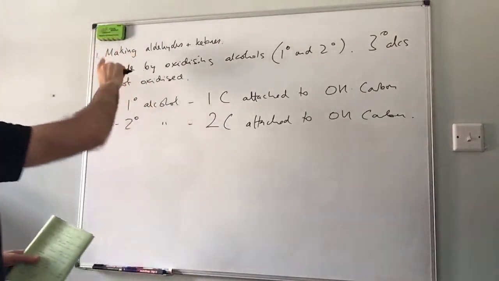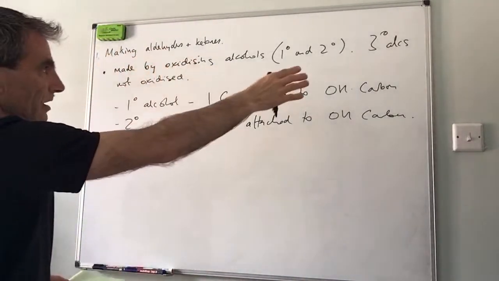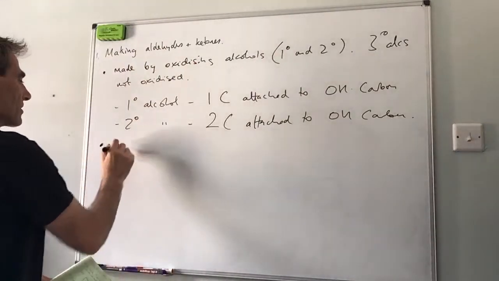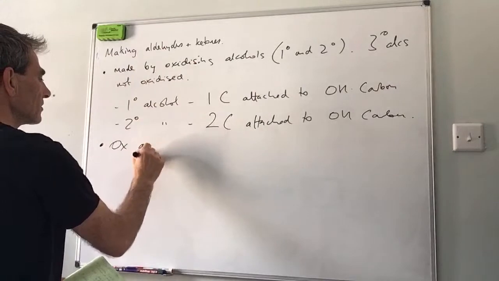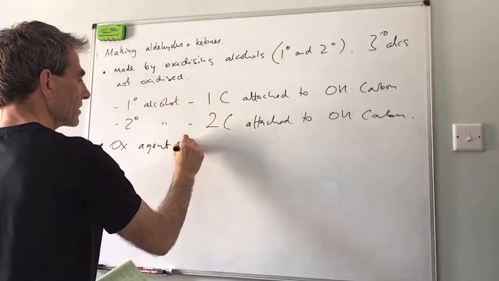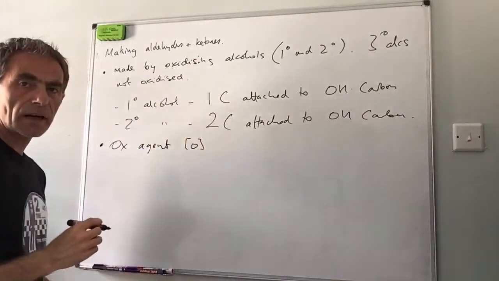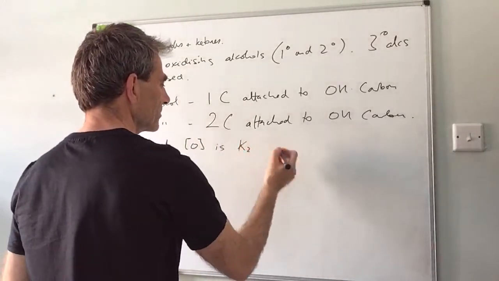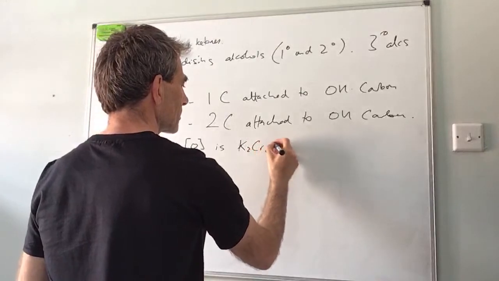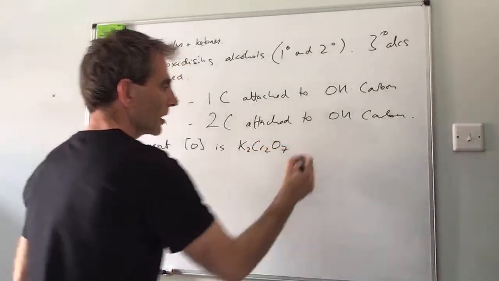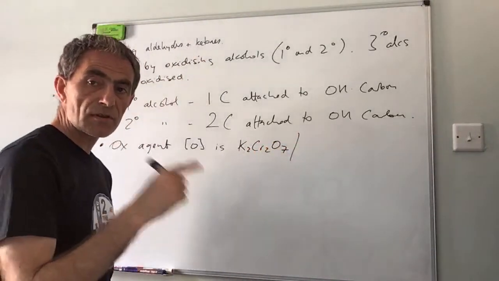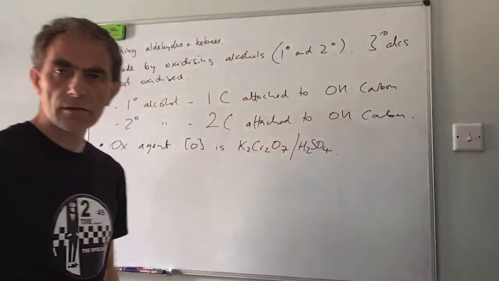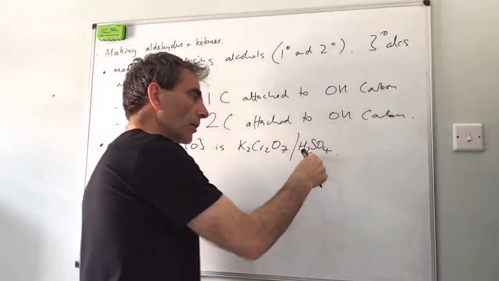Right, so we make aldehydes and ketones by oxidizing primary and secondary alcohols. So we need an oxidizing agent to do that. The oxidizing agent, which we represent in the equations as O in square brackets, is typically potassium dichromate(VI), K2Cr2O7, acidified with sulfuric acid. Now, I don't know about other exam boards, but OCR are really hot on that acid.